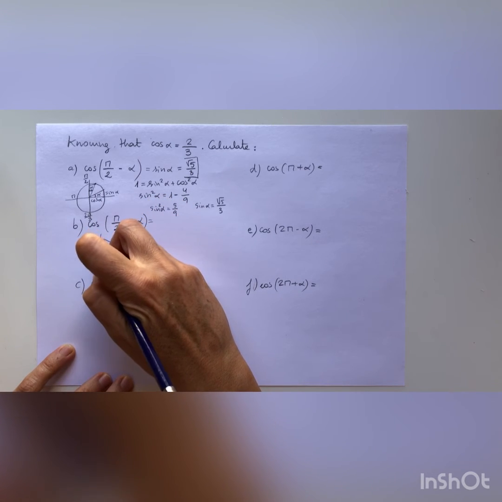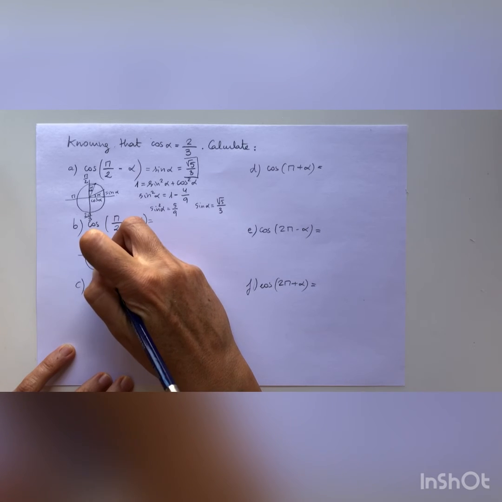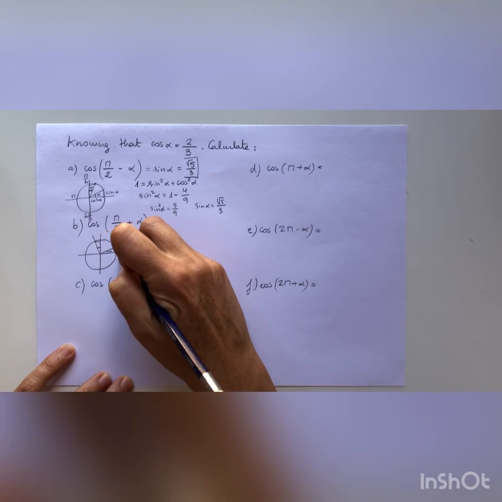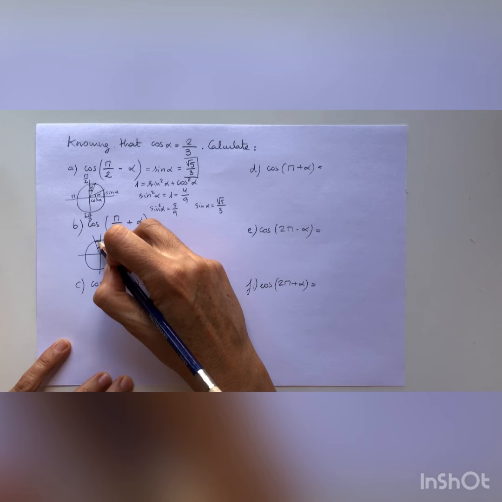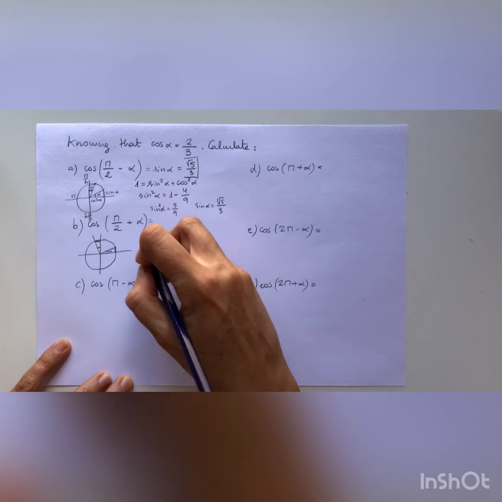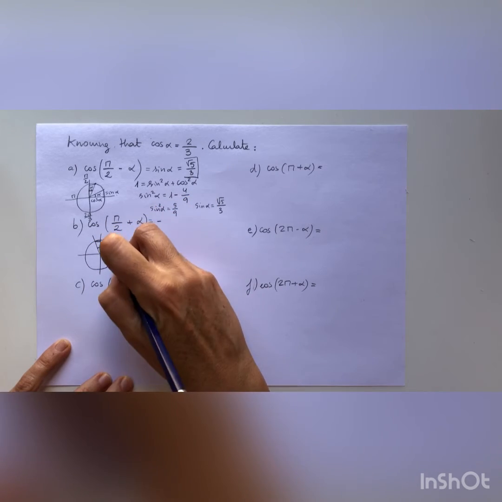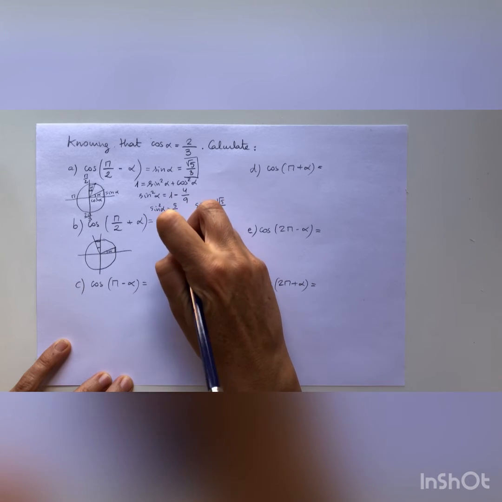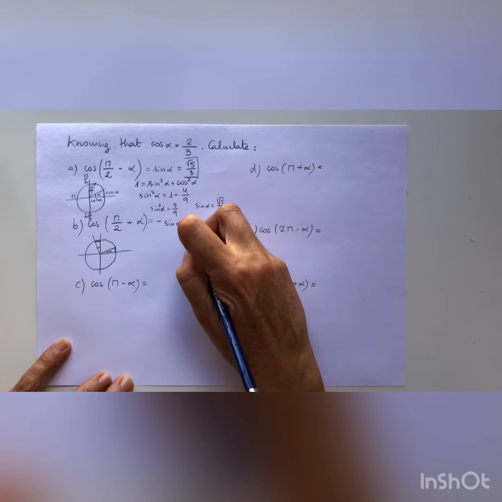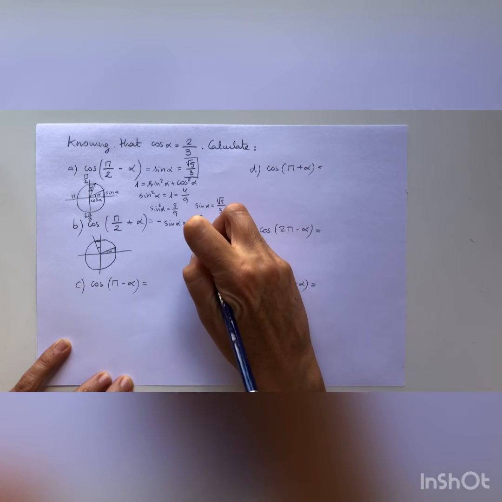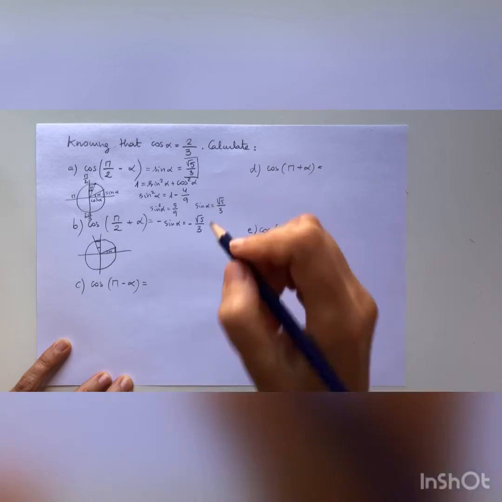Look, observe that this angle is alpha, and this triangle is exactly the same triangle as this. So the cosine of this angle will be negative sine of alpha. So the result of this will be minus square root of 5 over 3.